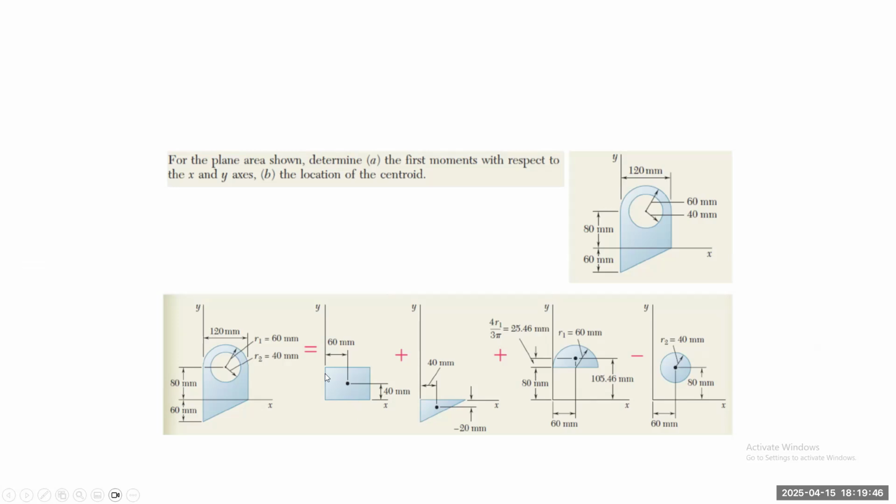Look, see if you separate it into a rectangle, triangle, semicircle, circle. Look carefully at what is happening here. For the triangle, you're able to see them clearly. So this is your y1, this is your x1, back to the original.